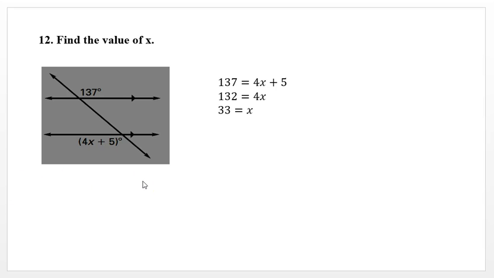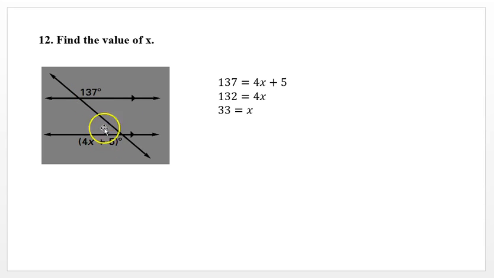Okay, still kind of going along with alternate exterior, alternate interior, and other sorts of angles that we have studied before. You're going to be given a problem similar to this. You're asked to find the value of x.